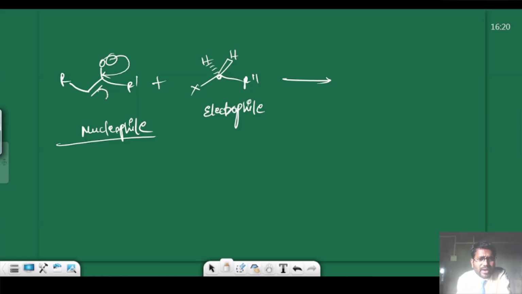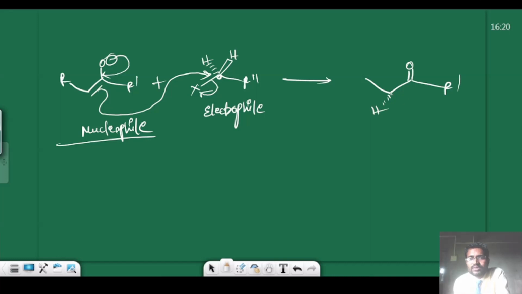So this bond will break, and it attacks this electrophilic center, and this bond will break, and there is a formation of a new carbon-carbon bond like this. This is hydrogen, and this is also hydrogen.